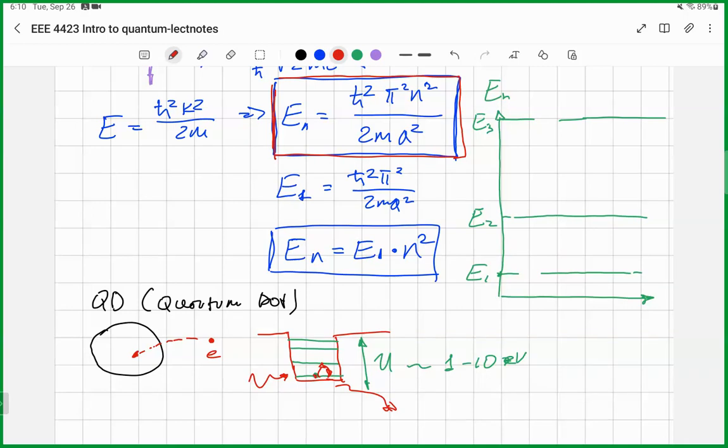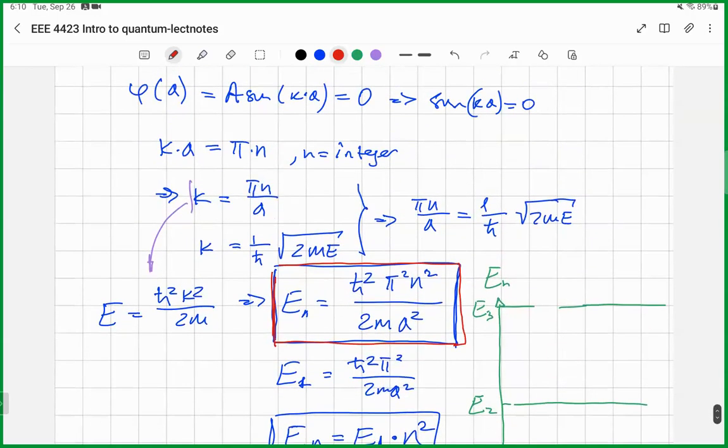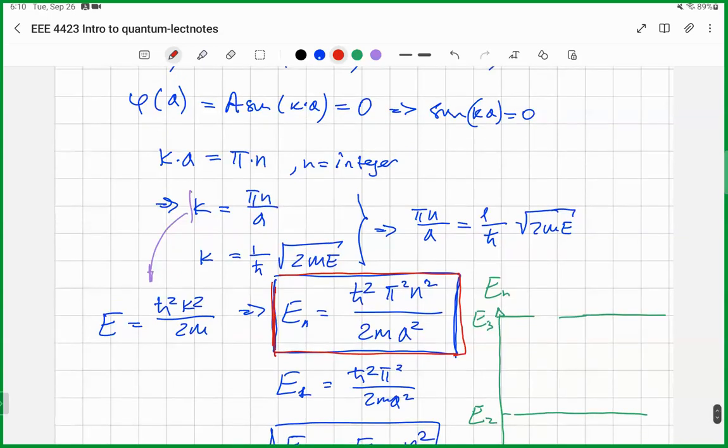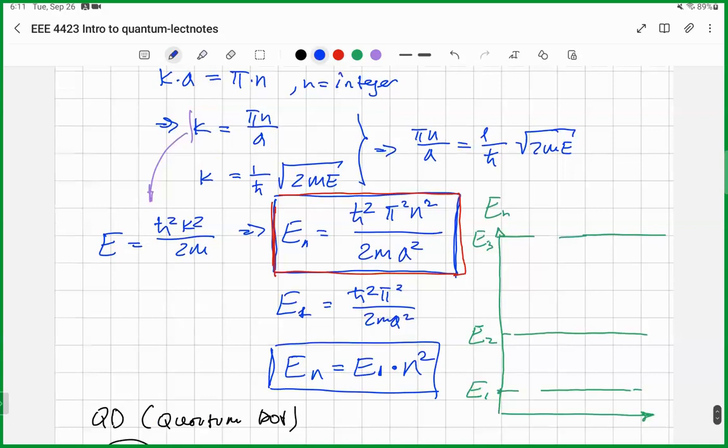But what I also have to, of course, the psi vector, right? The wave vector. Oh, sorry, the phi, the state, the eigenstates of the system.